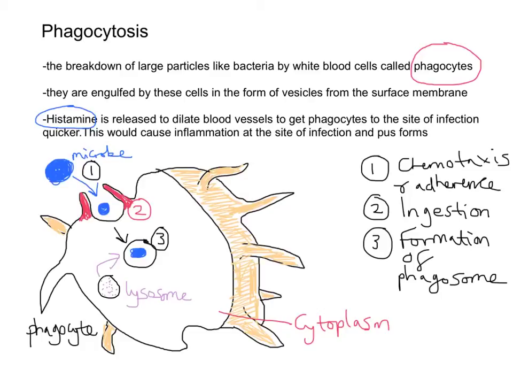It's a combination of the two names, phagosome with lysosome, and that fusion forms what's called a phagolysosome. I'll add it here, phagolysosome. So at number 4, you get a fusion of the lysosome to the phagosome to get a phagolysosome.